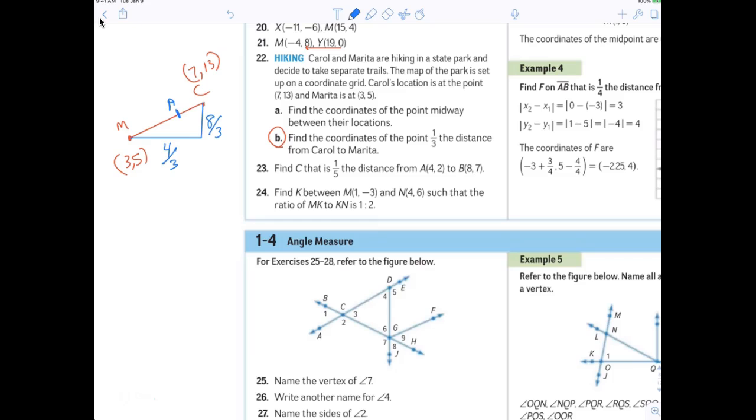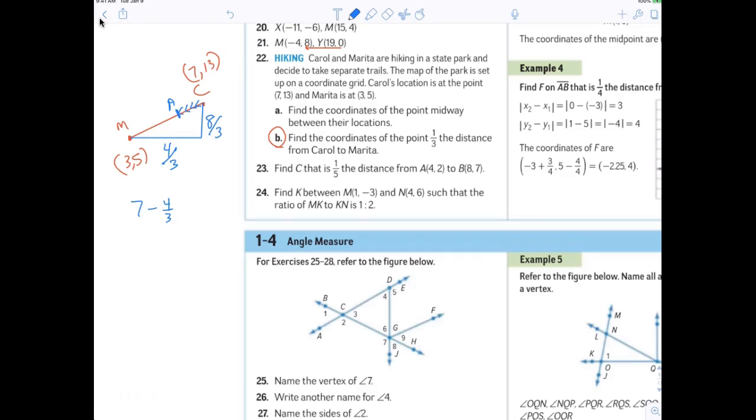So if I move 4/3 on the X, where did I start at? I started at 7, 13, correct? Because I'm going in this direction. I'm walking this direction. All right? So if I start at 7 and I move 4/3 to the left, I'm really just doing 7 minus what? 4/3.